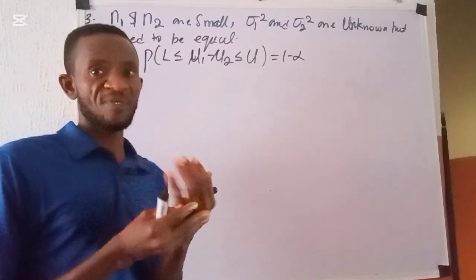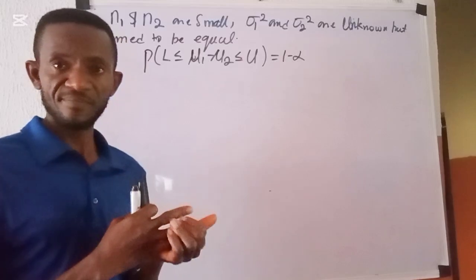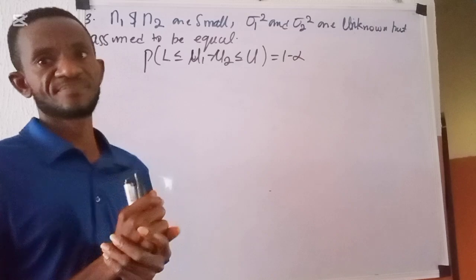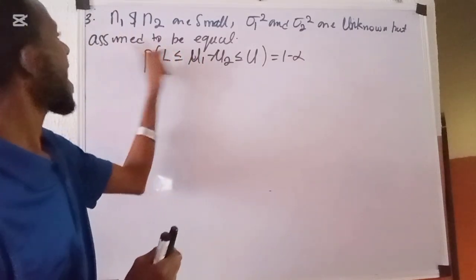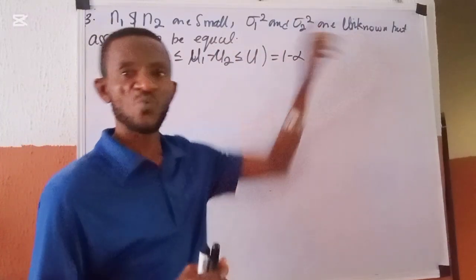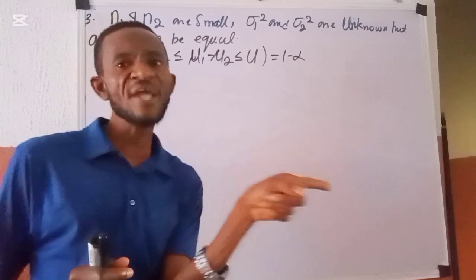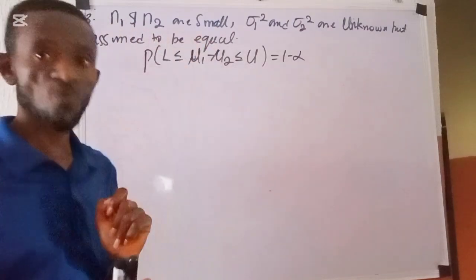What is going to happen here when we have this kind of condition? Because they are assumed to be equal, but they are unknown, we are going to estimate the common variance. I use the word common because they are assumed to be equal.